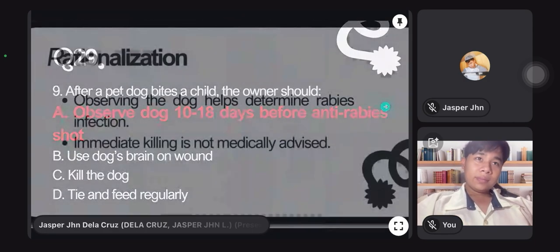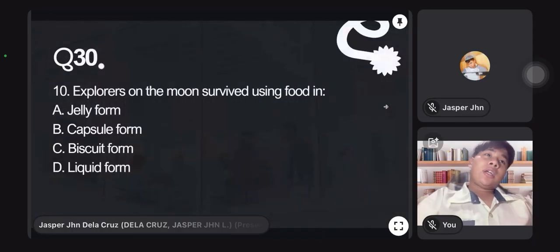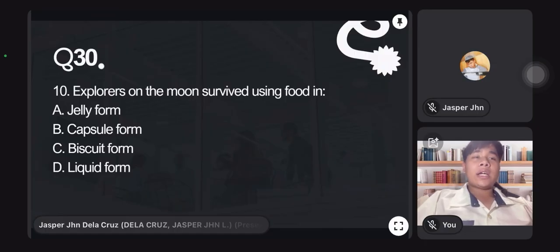So now let us proceed to the last number of general education, number 30. Explorers on the moon survived using food in letter A, jelly form, letter B, capsule form, letter C, biscuit form, and letter D, liquid form. So what do you think?